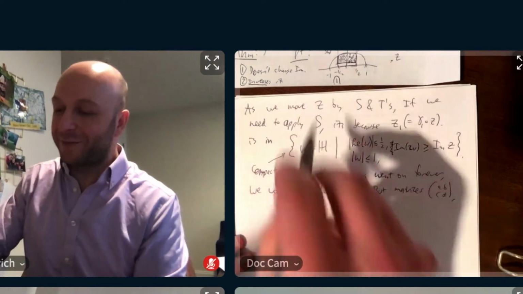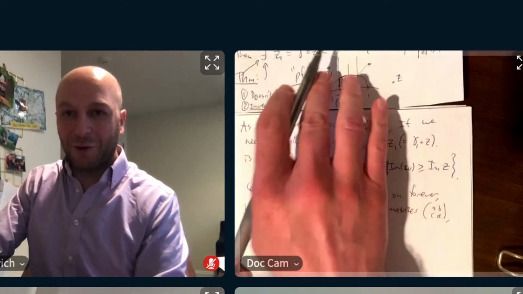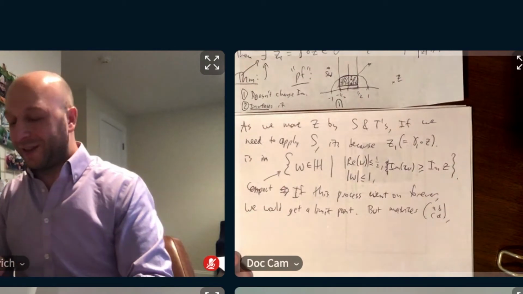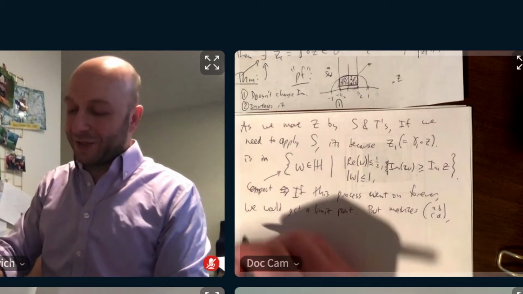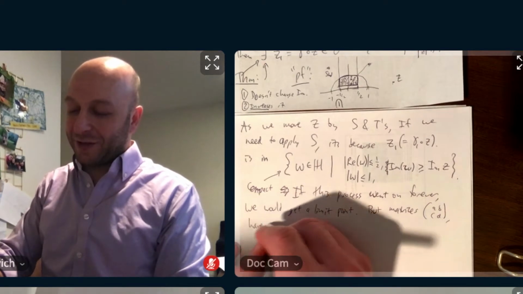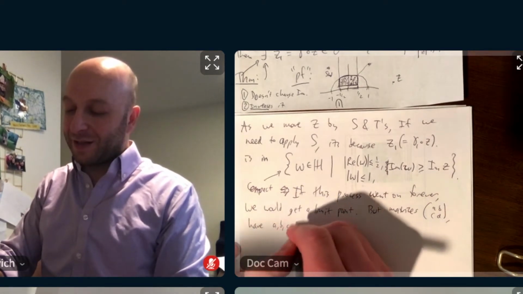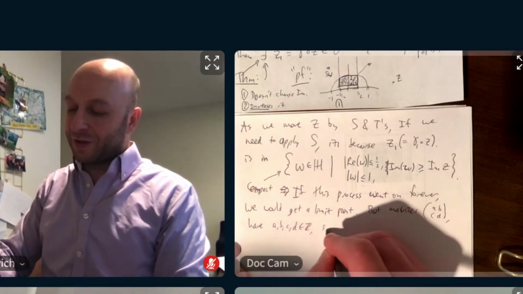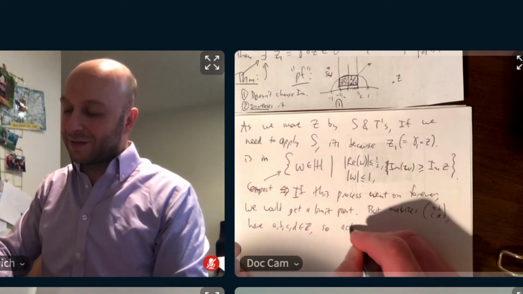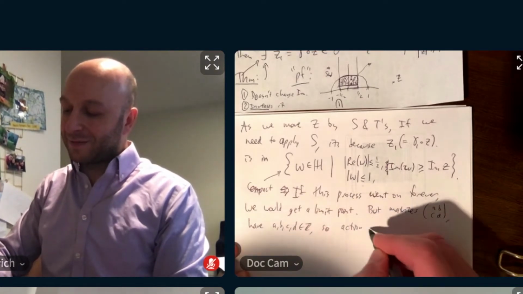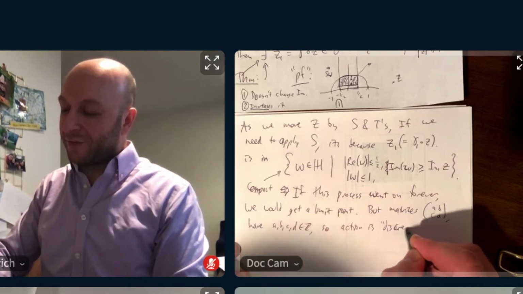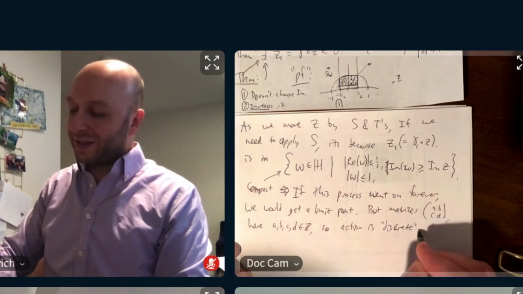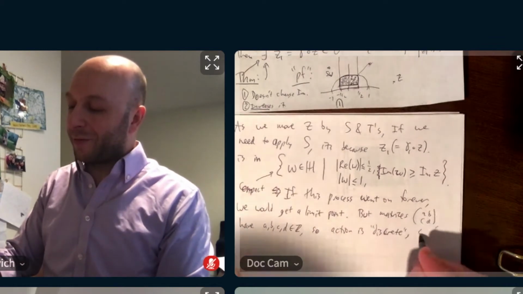So that's why I'm putting quotes around the word proof. There's some concepts here that would take us a little bit more time. But the matrices have integer entries, have A, B, C, D in the integers. So the action is discrete. I realize I haven't given you a formal definition of this, so there can't be limit points.